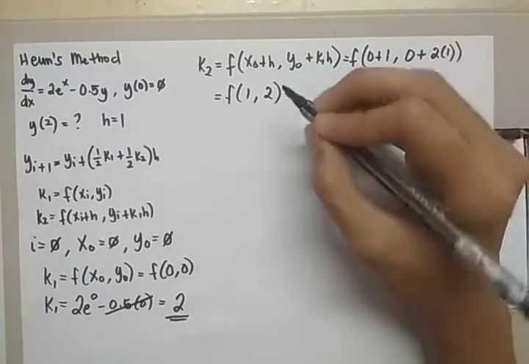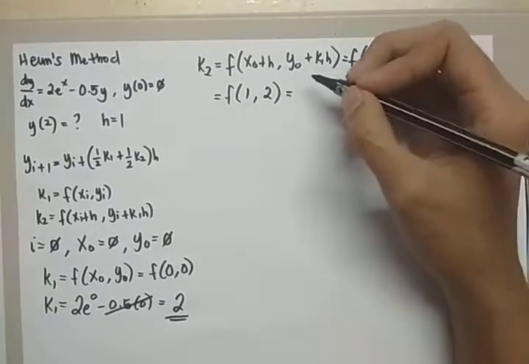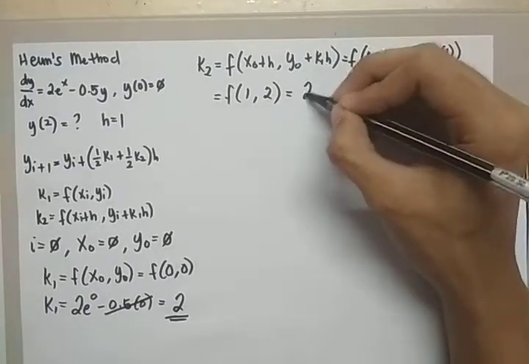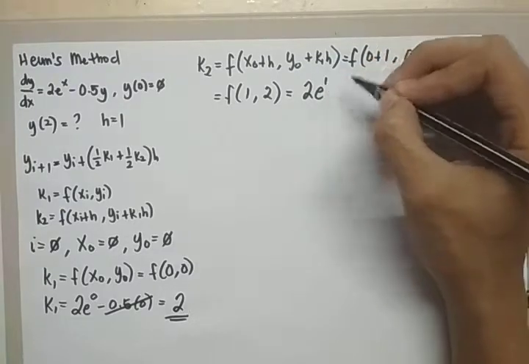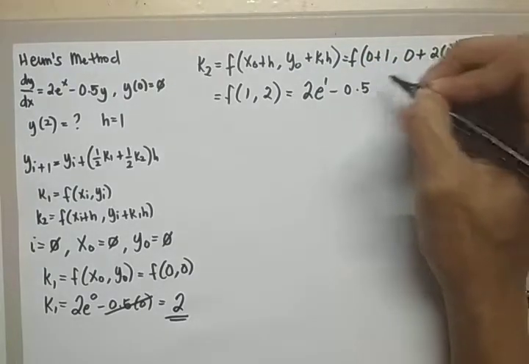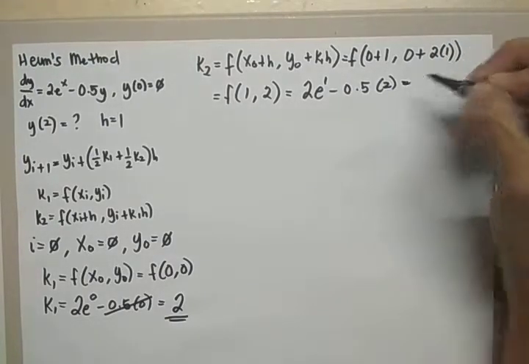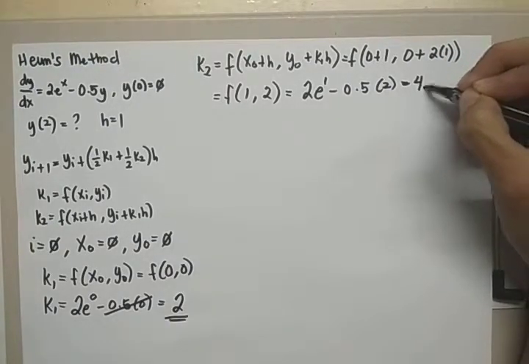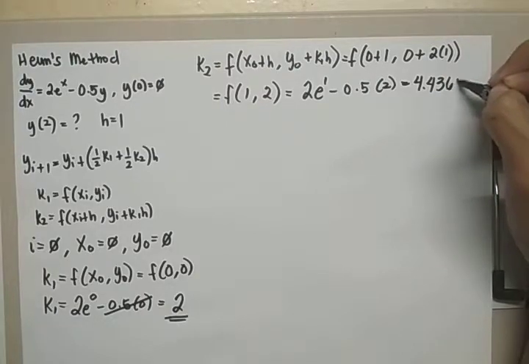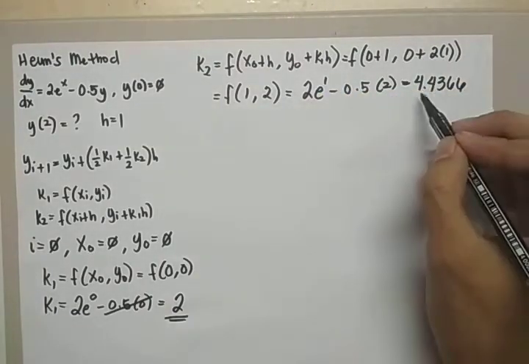By substituting the values for x and y, we have 2e raised to 1 minus 0.5 multiplied by 2, so we get 4.4366. This is our k2.